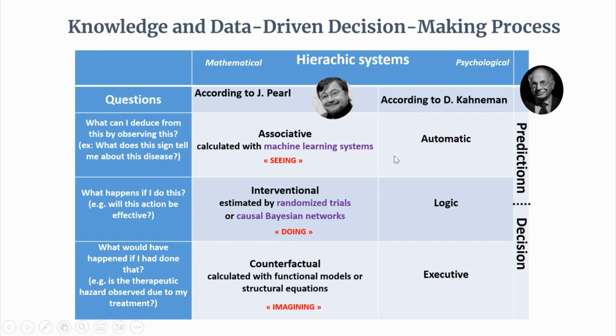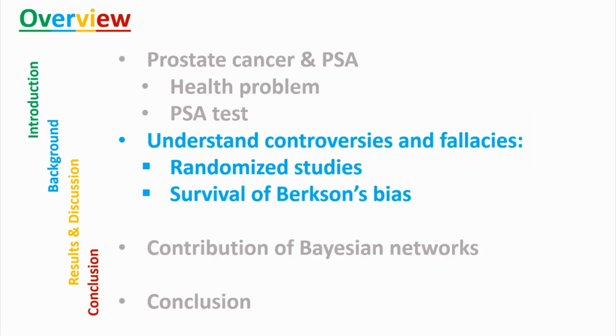We also bring in Kahneman's hierarchical system in terms of psychological approach, because we see that the interpretation of the results is not so easy, and misjudgment or misinterpretation of the results is easy to make. So what are the results from the main studies on prostate cancer screening, but also the controversies and fallacies from these studies?